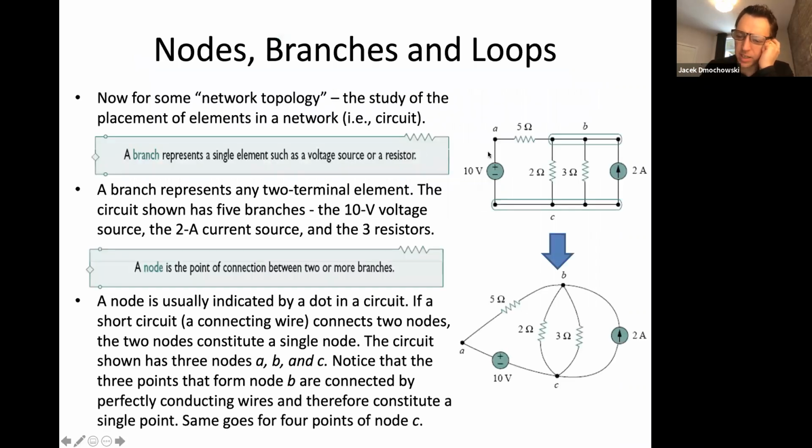So we have b is equal to 5, n is equal to 3, and L is equal to 3, right? We have 1 loop, 2 loop, and 3 loops. So 3 plus 3 minus 1 is indeed equal to 5. So that's not a proof of the theorem, but it is a confirmation for the circuit that it holds.